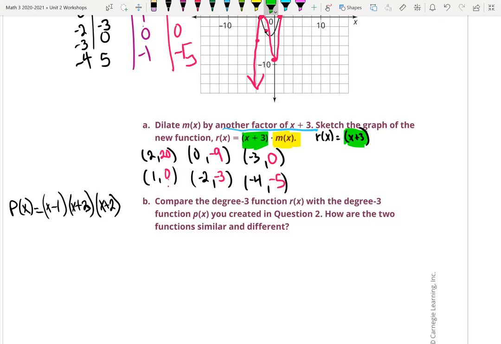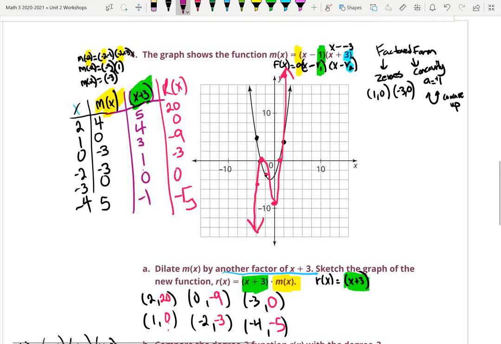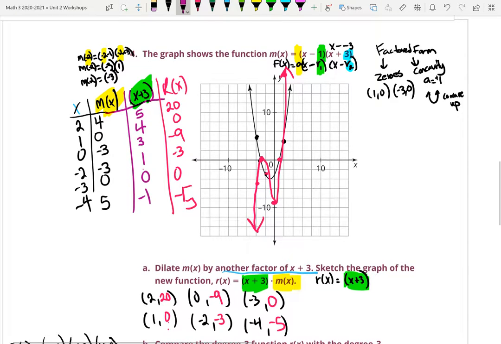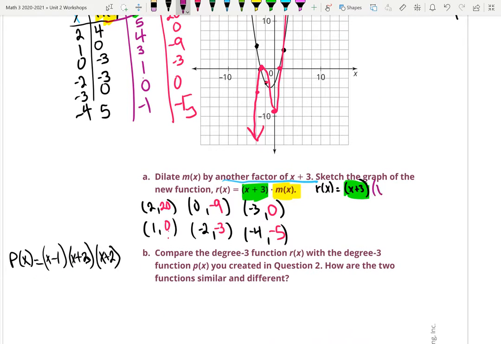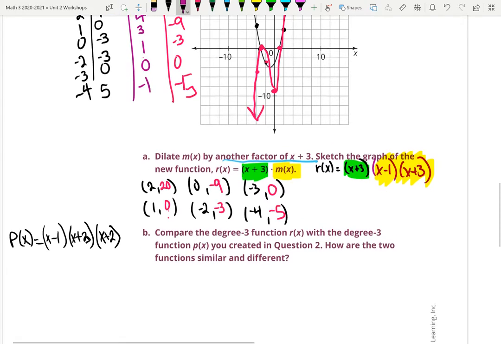What was the algebraic representation of m of x? M of x was equal to x minus 1 times x plus 3. Notice this is m of x. So let's go ahead and compare it side by side with r of x.